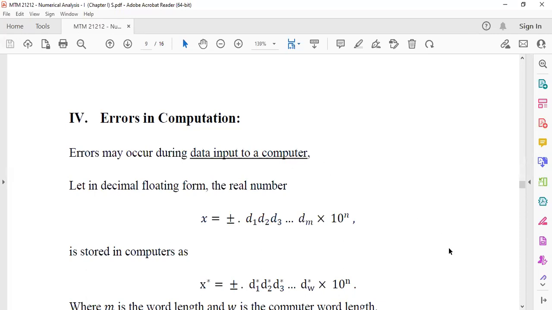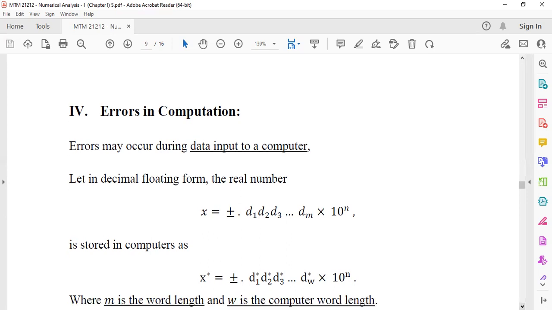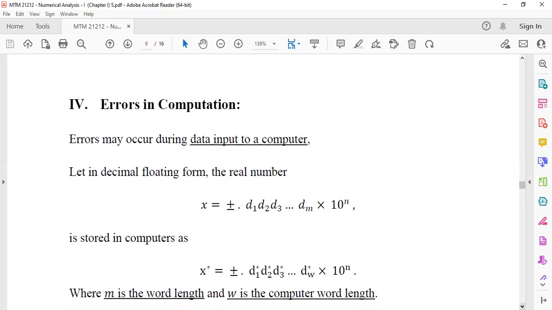So there are some kinds of errors that happen when it comes to computation in the computer, because of the memory value. Some computers accept only some number of significant values. For example, one computer may accept only up to 8 significant figures, or 4 significant figures, like that.